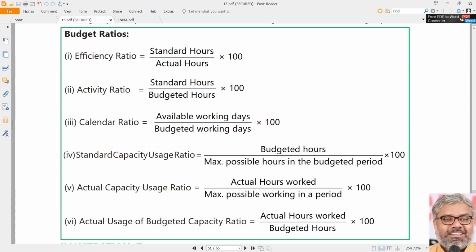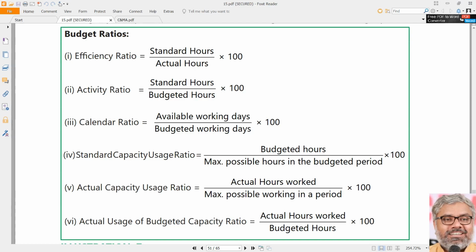Just understand this. If efficiency has to be high, the possibility is that the actual hours taken should be low. That means the denominator should be low. When the denominator is low, automatically efficiency will be high, and if the denominator is high, then efficiency will come down. So this ratio indicates how efficiently the work has been undertaken within the organization for a production process, or even for a service sector.